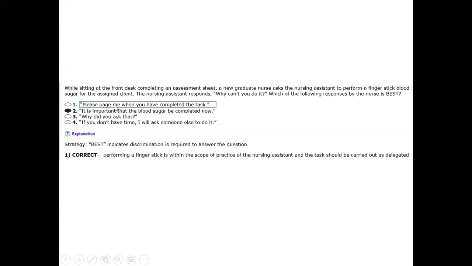So now the answer: please page me when you have completed the task. Why is it the answer? Performing a finger stick is within the scope of practice of a nursing assistant, and the task should be carried out as a delegate.